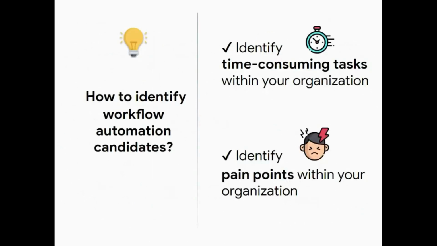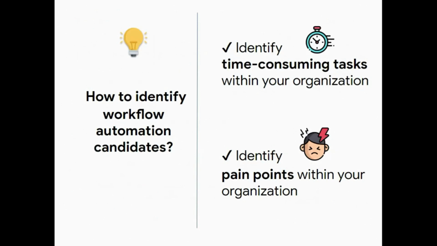I find all the time when I'm working with my clients that they get very excited about the possibilities afforded to them by G Suite workflow automation. But oftentimes it's kind of overwhelming, and they sometimes have a hard time knowing the best place to get started to get the best value for their efforts.